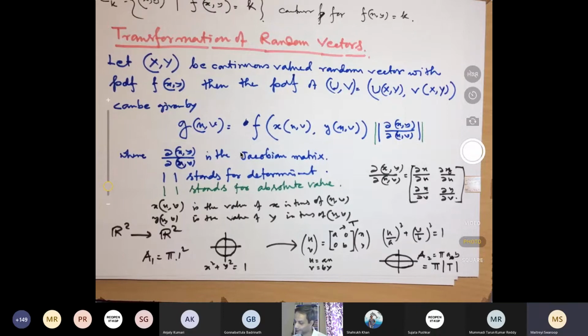And so here in this transformation, if you take the derivative of del(u,v) by del(x,y), you will get this matrix.